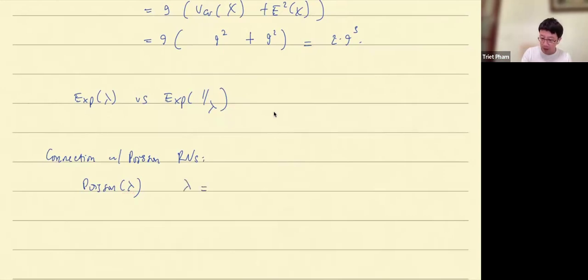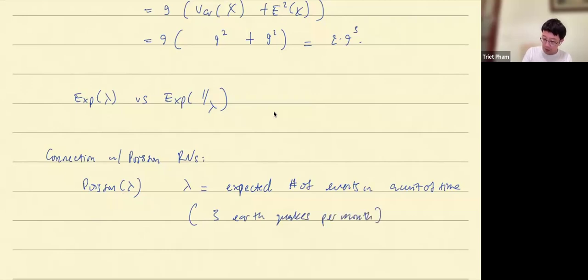The lambda represents the average, or as far as you know right now, the expected number of events in a unit of time, let's say 3 earthquakes per month. And really, the expectation of x is 3. Expectation of Poisson lambda is lambda.